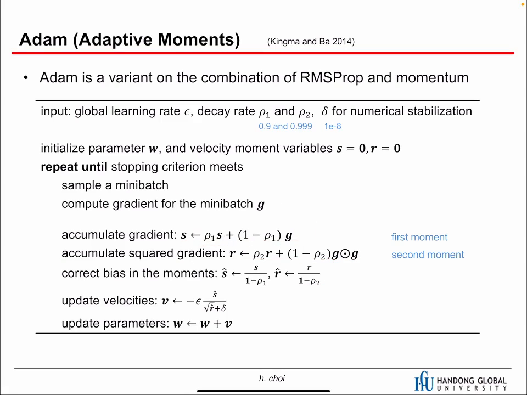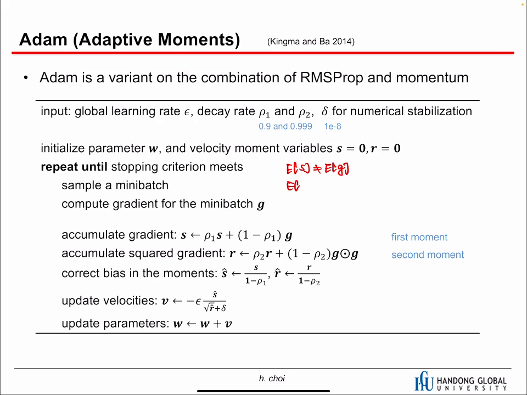Bias means the expectation of S is different from the expectation of G, because S is a moving average of G. If G is stationary, they should be the same, but that's not the case.